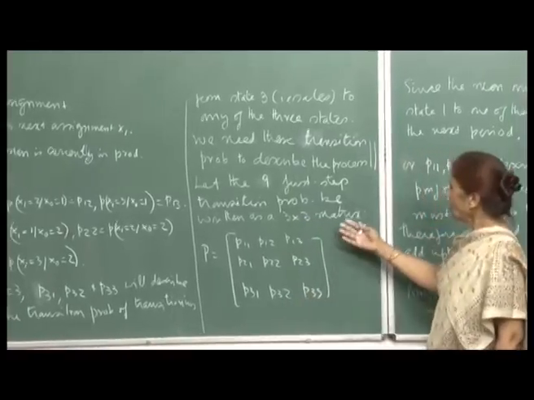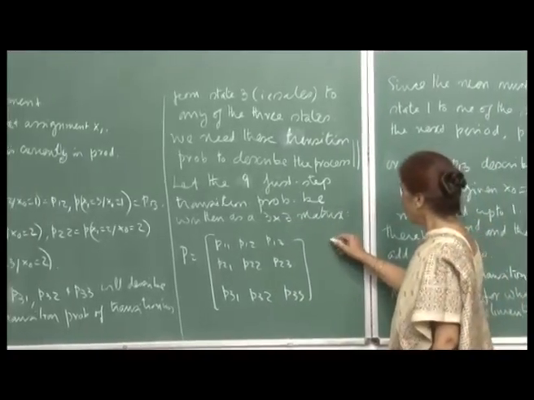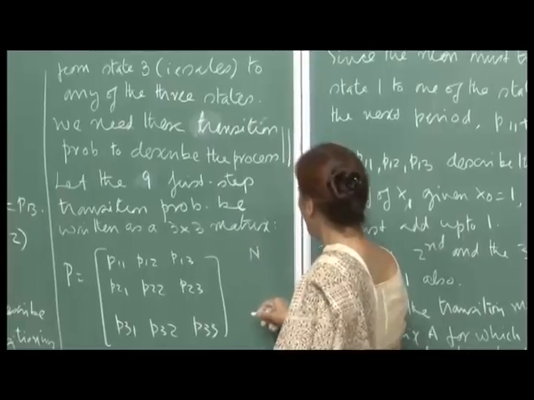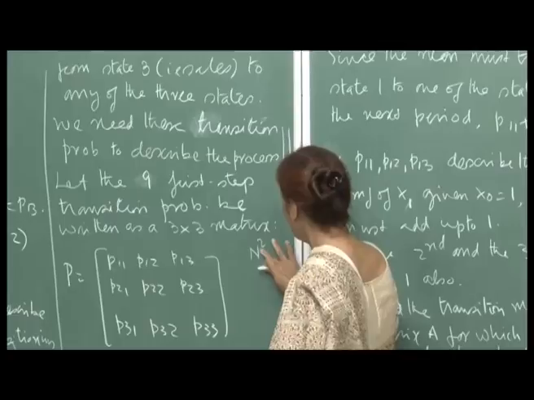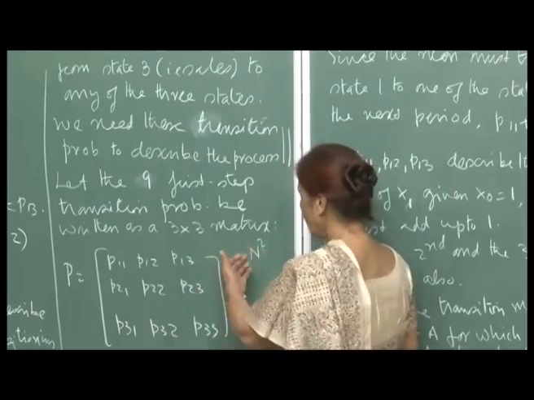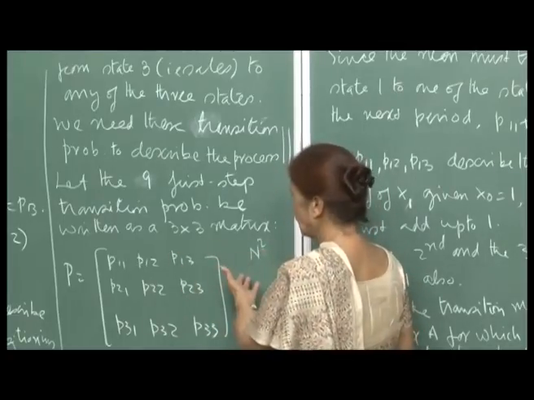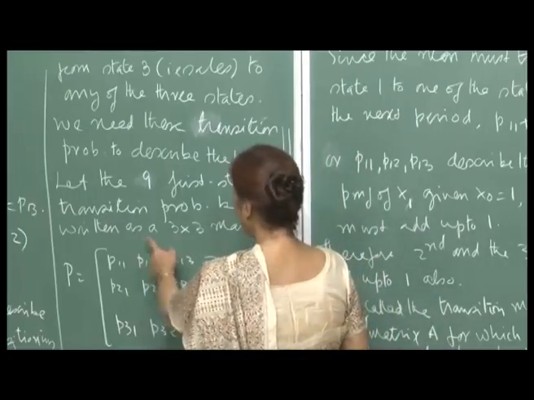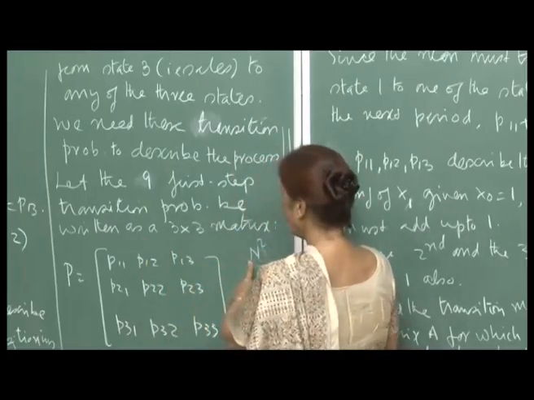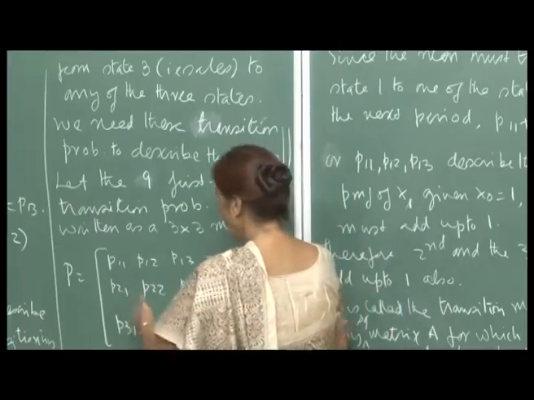Remember, whatever the number of states, if the number of states is capital N, then your transition probabilities will be N square, because you can go from one state to any of the N states. Therefore, you will always have N square numbers, and so these transition probabilities can be written in a matrix form.